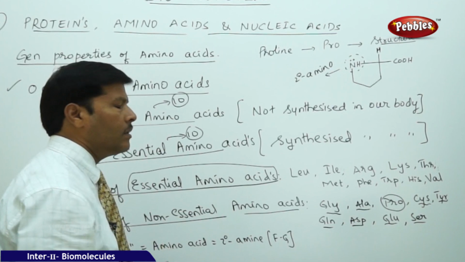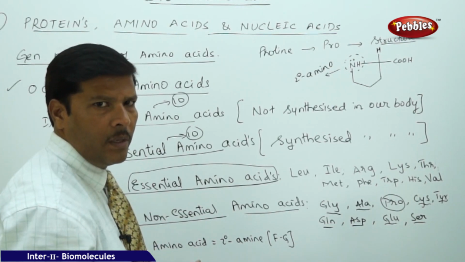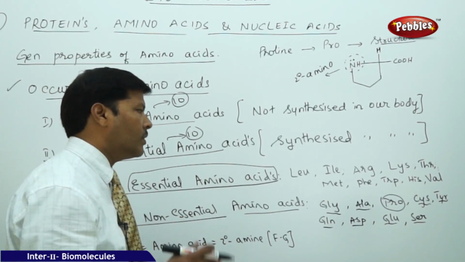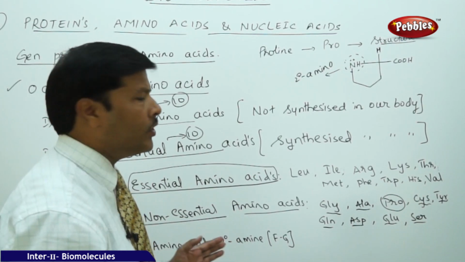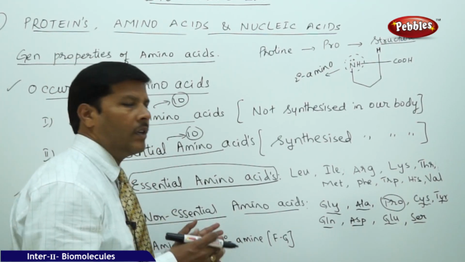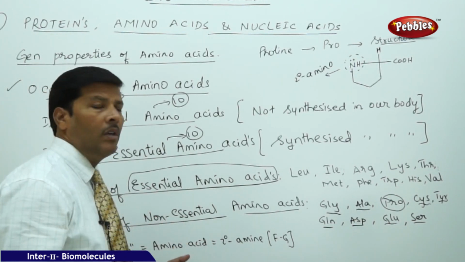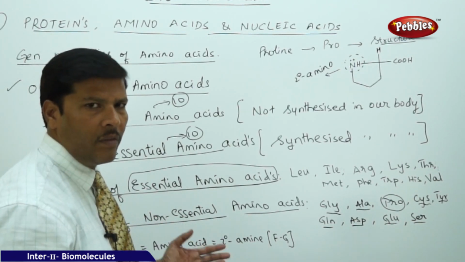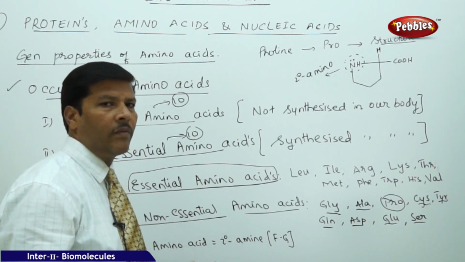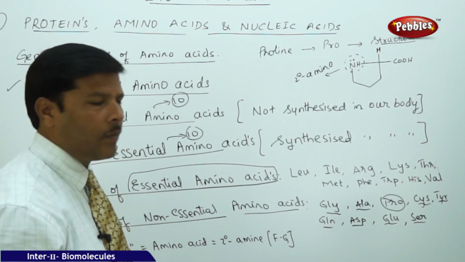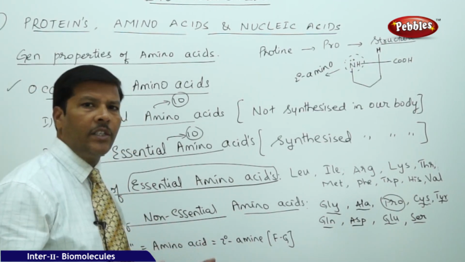We will try to write the structures depending upon their composition, because knowing the structures is always an advantage: with these structures we can find out what kind of peptide bonds are formed and what kind of linkage it has.